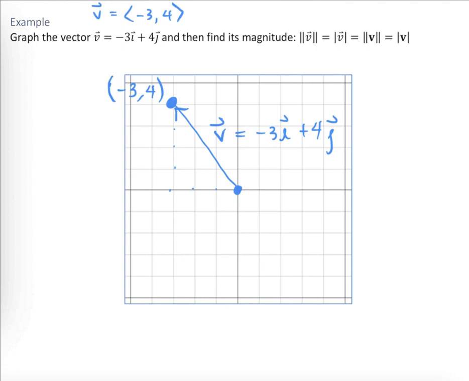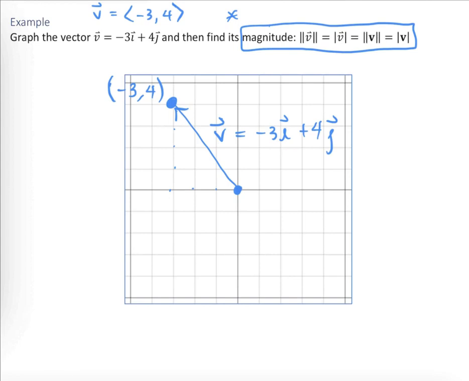Now, check this out. The next part of the question is to find the vector's magnitude, and look how many different ways we can talk about the magnitude of the vector. Remember, some textbooks are going to use the arrow notation on top of the vector itself to talk about vectors, and some textbooks are going to use boldface lowercase letters to talk about vectors.